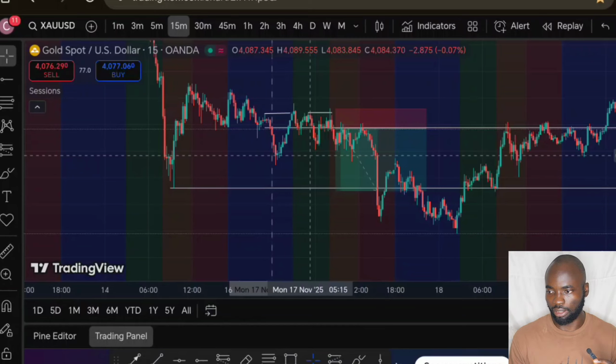Let me see if I can make it so you guys can actually find the indicator easily. So I'll remove it again. Now we'll go to indicators. You just type session, and you come down a bit.